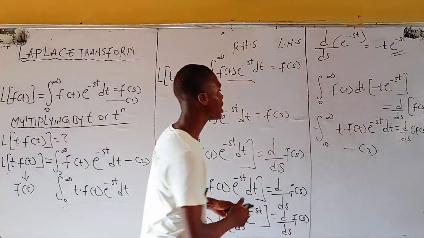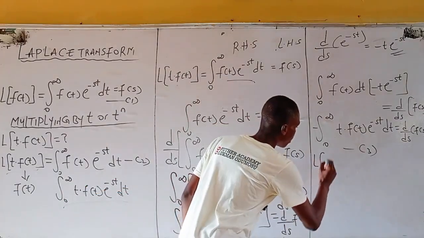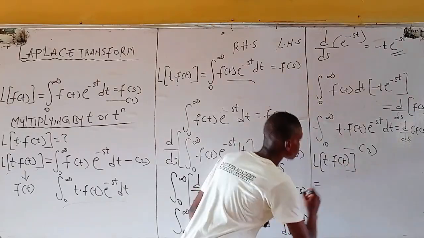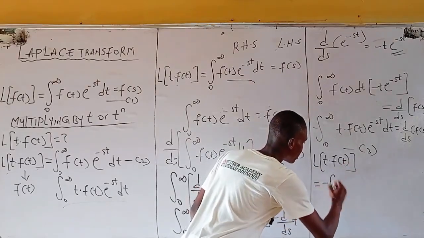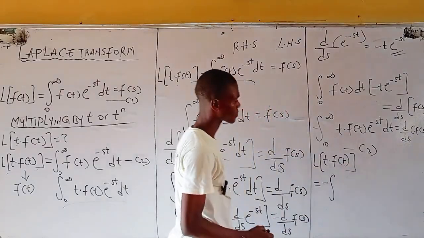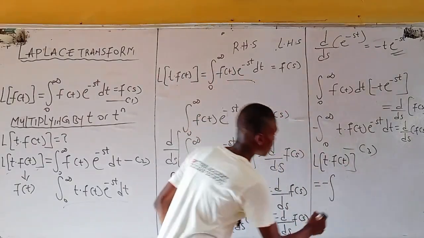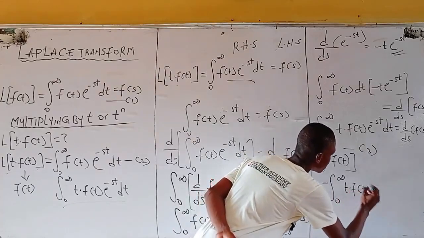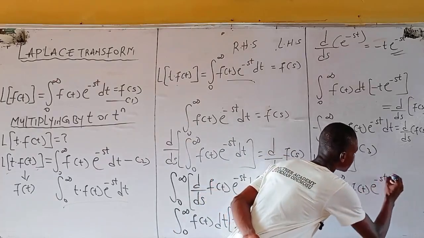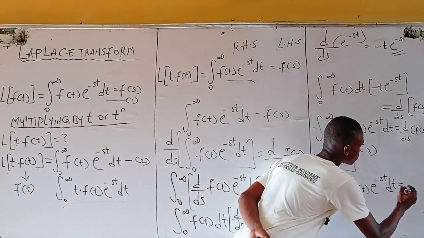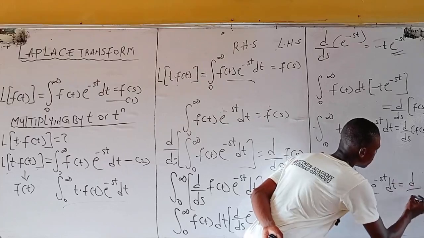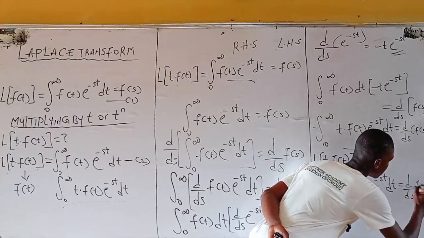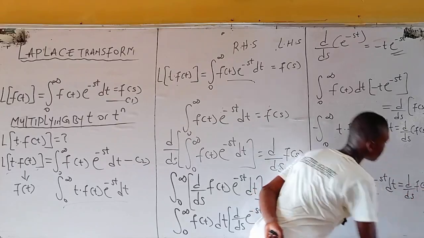So the Laplace transform of t multiplying f of t is equal to the negative integral from 0 to infinity of t multiplying f of t exponential negative st dt, which is equal to d over dx multiplying f of x.